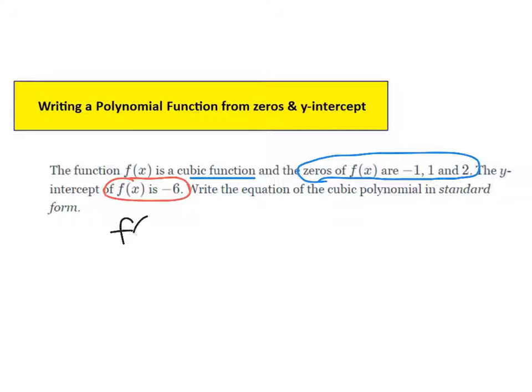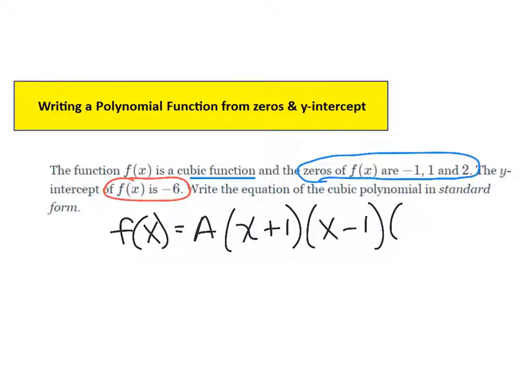So let's start with f of x equals a, and since I have zeros, I can write that in factored form. Now our y-intercept is f of x is -6.